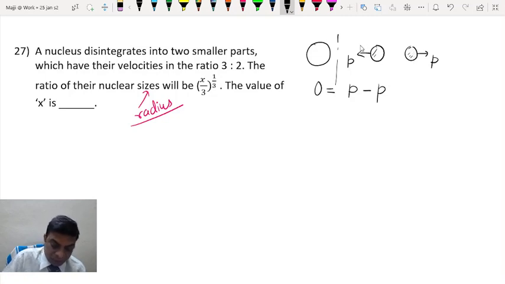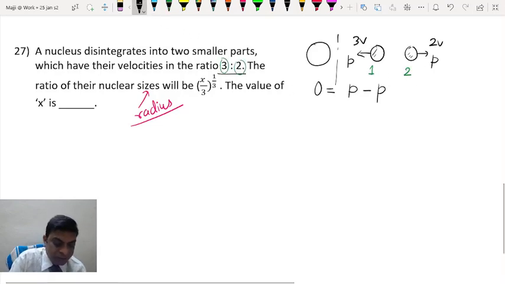Now, let us say this is coming with velocity 3v and the other is coming with velocity 2v, because their velocities are given in this case. I'll take this as first fragment, this as second fragment. So for the first it is 3v, for the second it is 2v, where v is some constant.